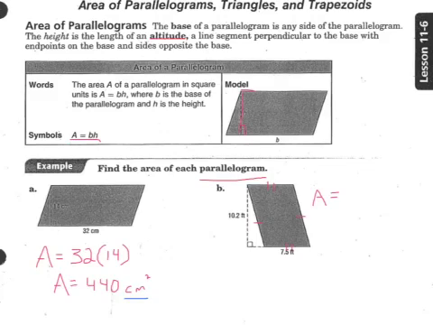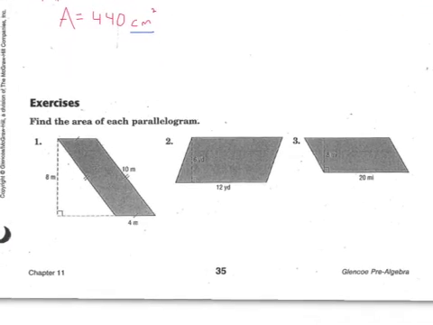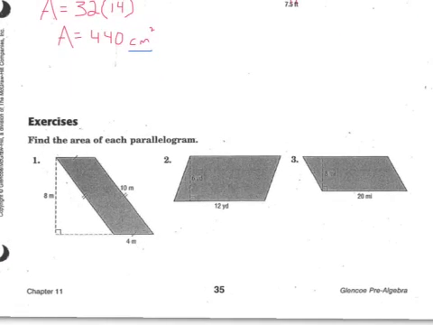So the base is 7.5 times 10.2, and that is going to give us 76.5 feet squared. So let's not forget to label with our units. Alright, so I'll let you guys go ahead and do these next three example problems.